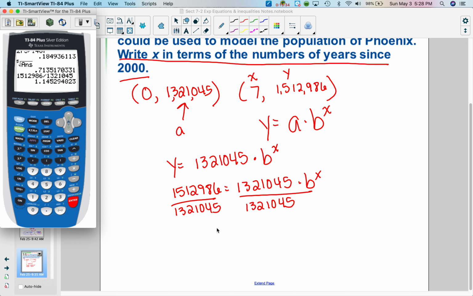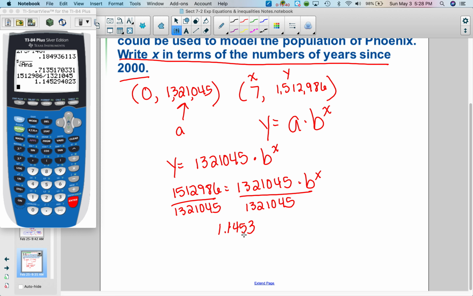So here we get 1.1453, if I go 4 decimal places, equals b to the x. Oh, oops. I know you're probably saying, you forgot to put the 7, you forgot to put the 7. I didn't hear you. So now we have to take the 7th root.